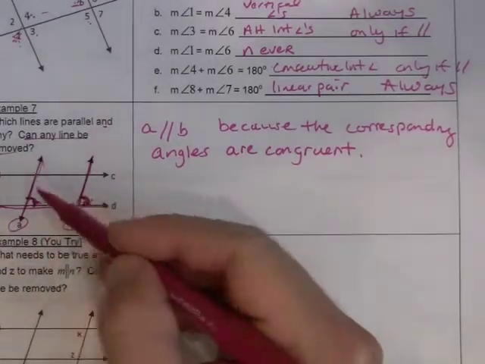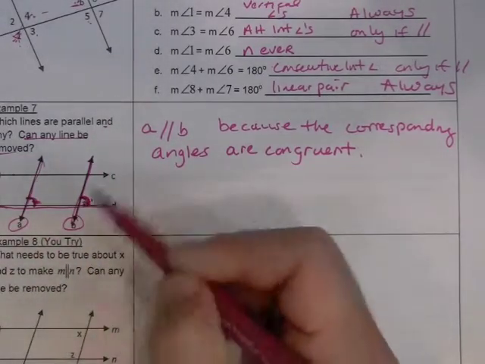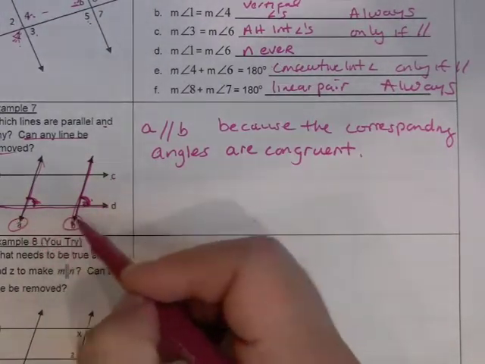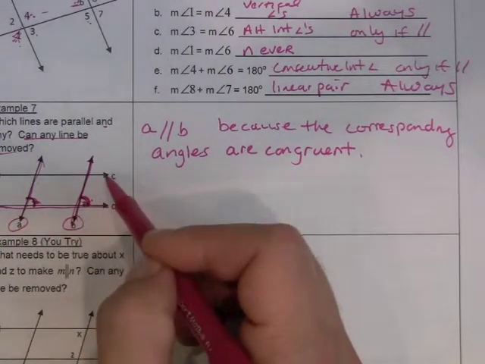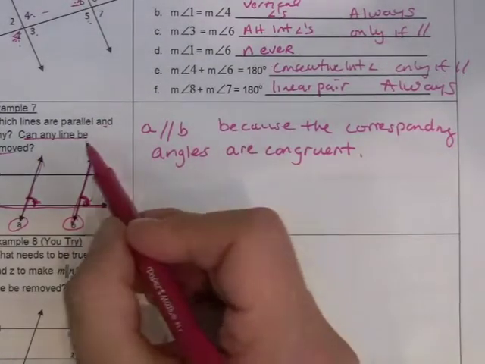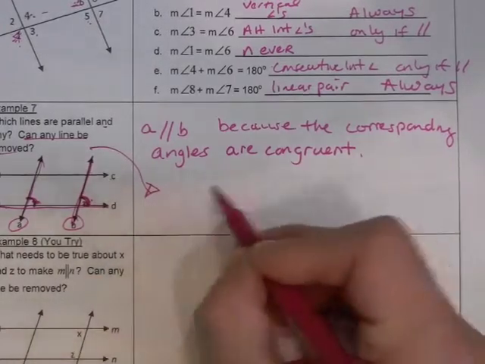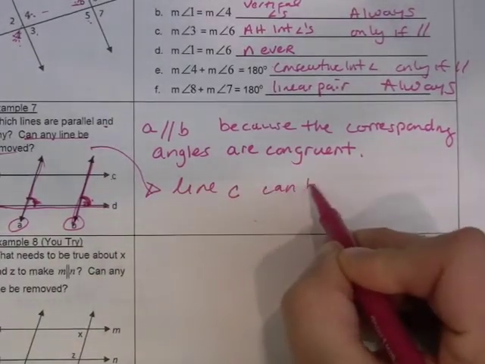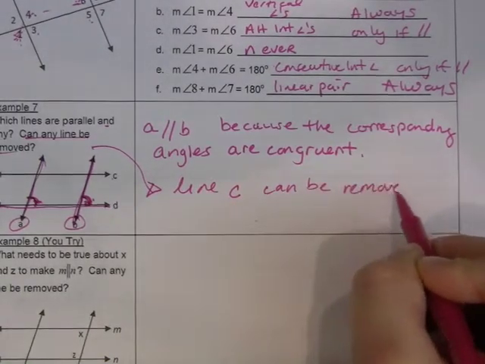Well, what did I not highlight in this problem? It was line C. Line C has nothing to do with proving these lines parallel. It's an irrelevant line. Whether it's there or not, it's not needed. So line C can be removed.